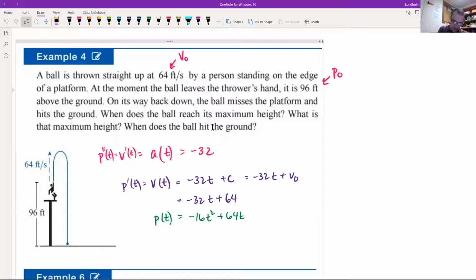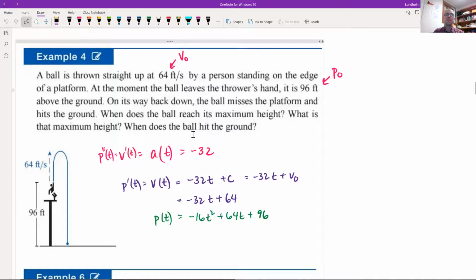And then we would be adding a plus c, but just like in the other case, if we put in t equals 0 into this so far, all of that turns into 0. So our initial position, I'm just going to write it right here, will be 96, our P0.